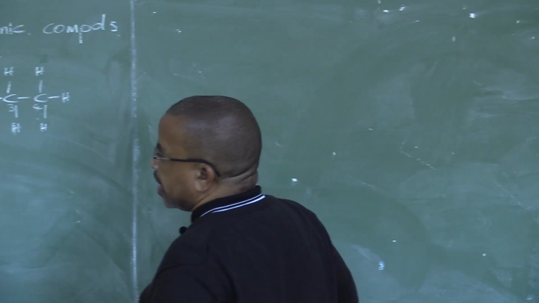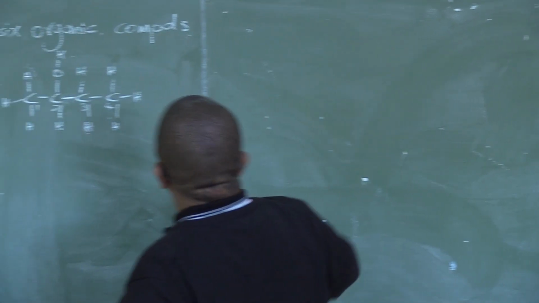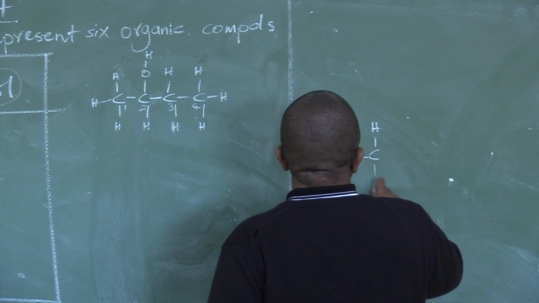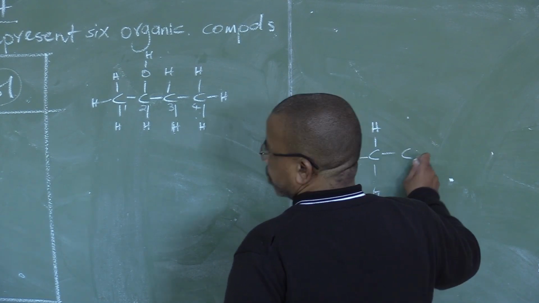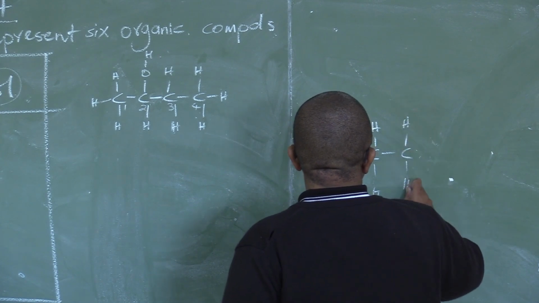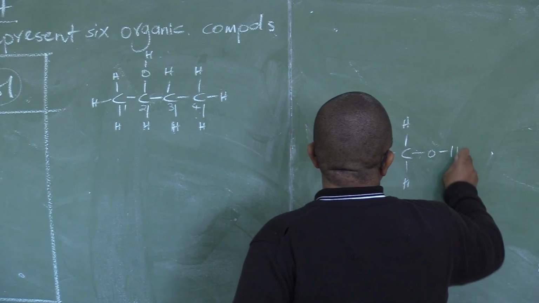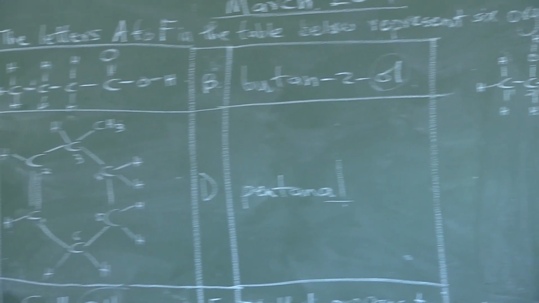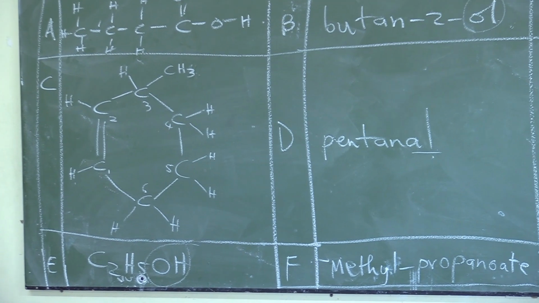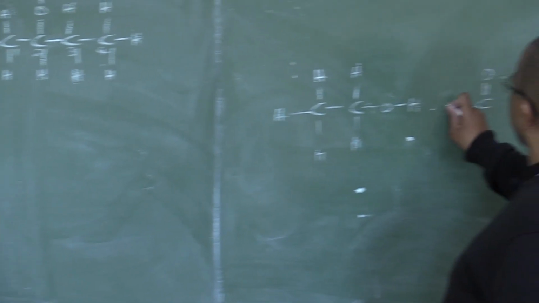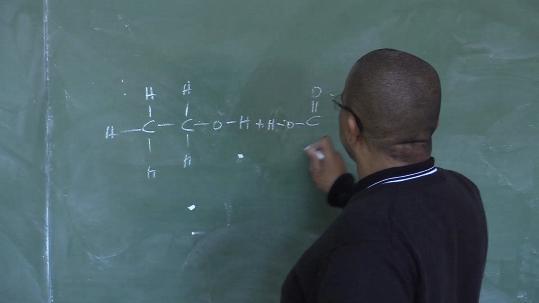Compound A to compound E. What is our E? It's C2H5OH. This is ethanol, and it reacts with butanoic acid.